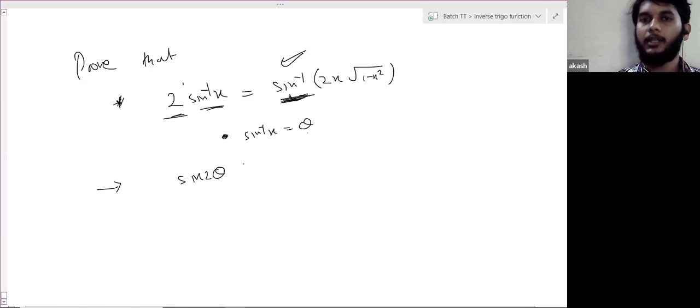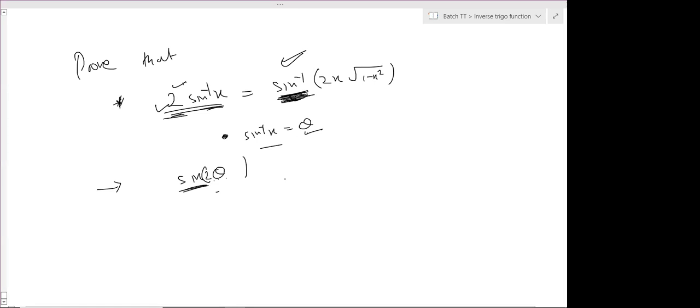Is this clear, what I'm saying? We looked at the right side where the function is sine inverse, so we have to use the formula of sine. Which formula of sine? We have 2 sine inverse x, that means this is related to sine 2 theta, because theta is sine inverse x. So in a hidden way, we have written 2 sine inverse x. Am I getting clear or not? Yes, sir. All right. So what is the formula of sine 2 theta?